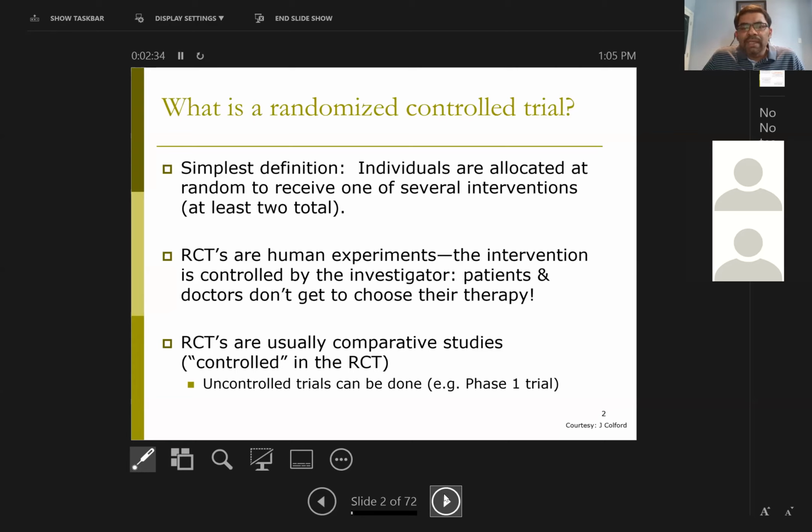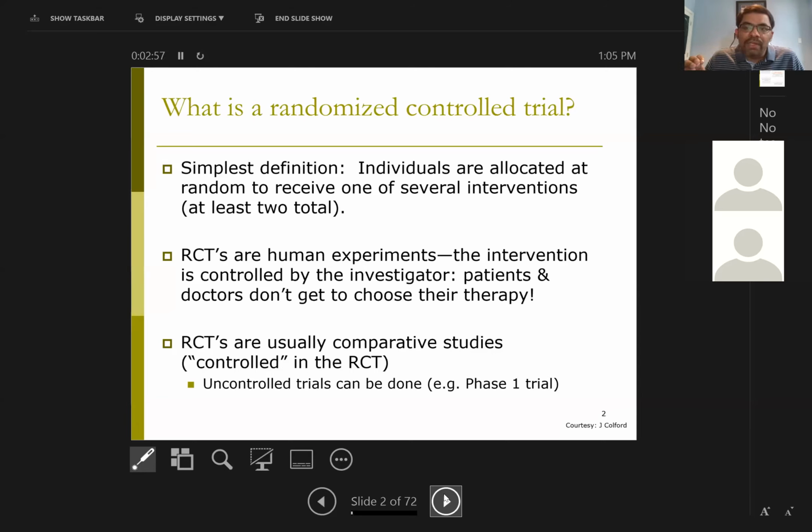And as I mentioned, randomized control trials are human experiments. The intervention, whatever the intervention is, is assigned by the investigators. Patients never get to pick what therapy they want in a randomized control trial, okay? The minute patients pick, then all bets are off.